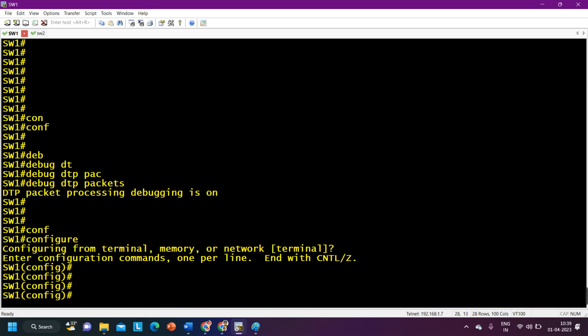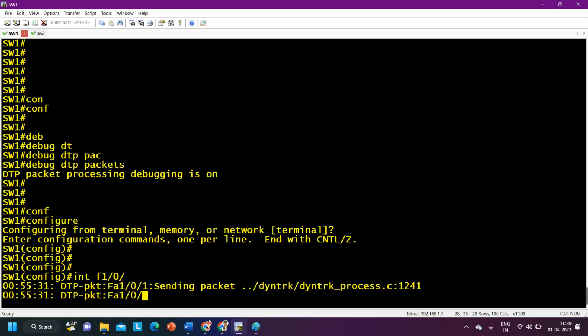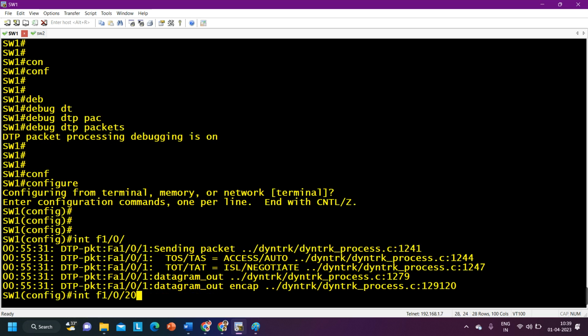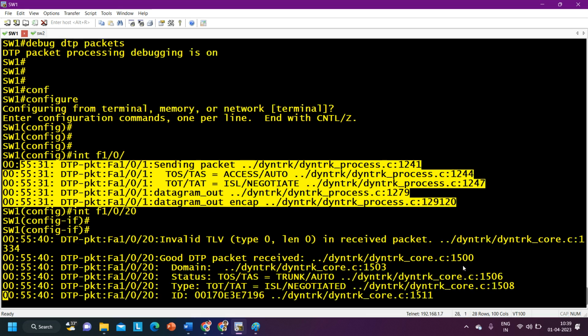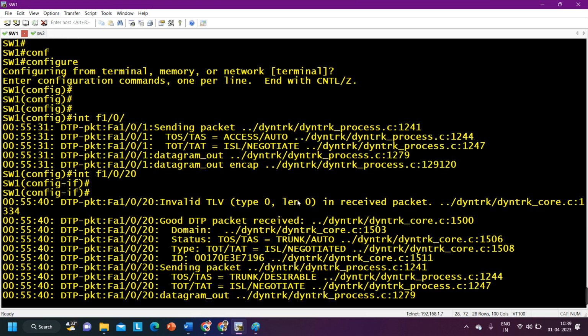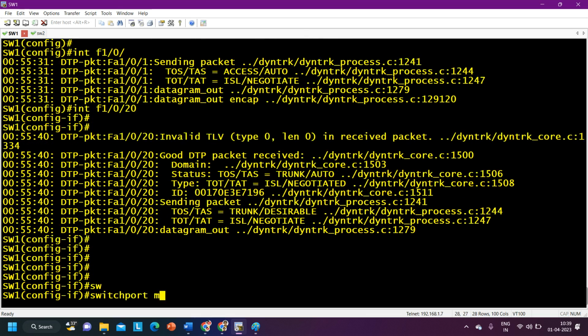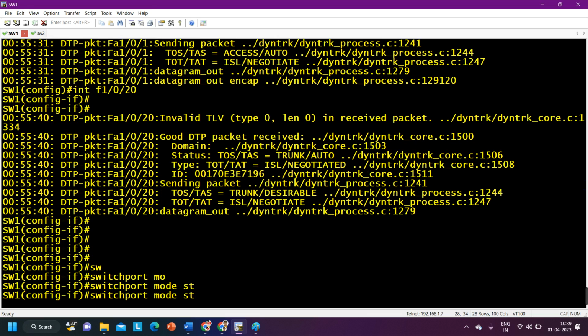Okay, wait. Config T, interface f1/0/20, and here you can see DTP message. This switch is sending DTP message, yes or no. After every 30 seconds it will send. Now I am going to configure here switch port mode static access.